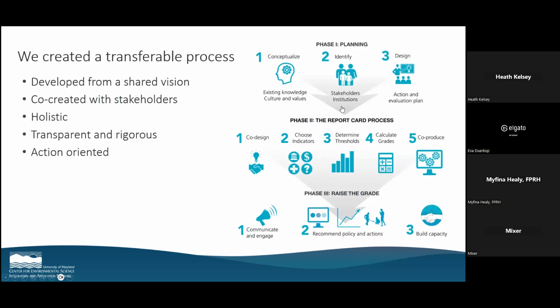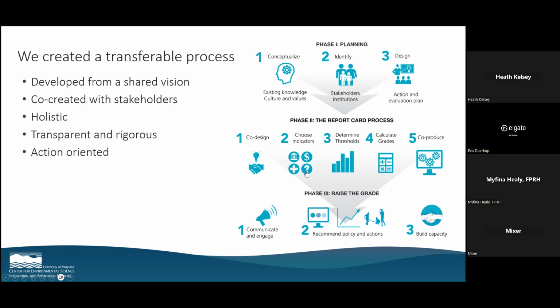So as we were doing all of this in different places, we realized that we were doing the same things. And we were kind of falling into a process that if we followed these steps, we would be able to develop a report card. And so it's a three-phased kind of approach. First is all about planning and stakeholder engagement and things like that.